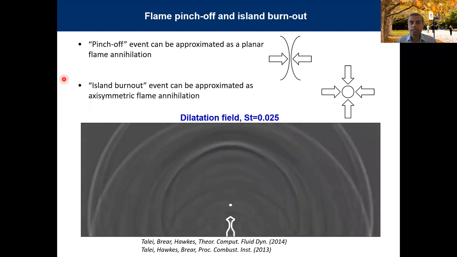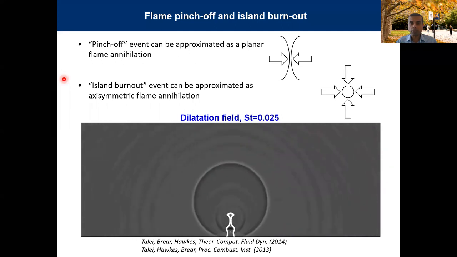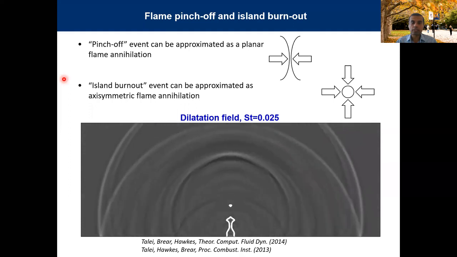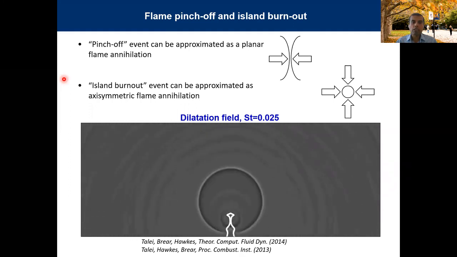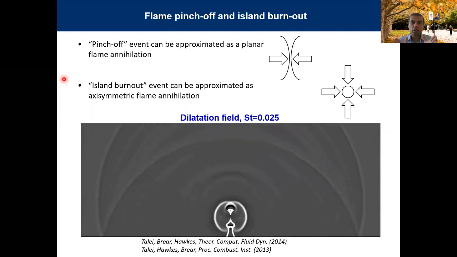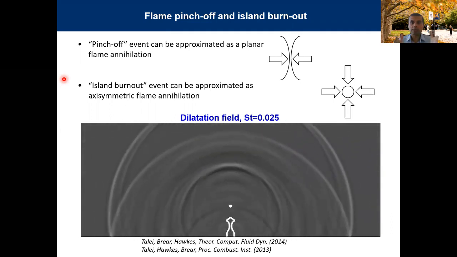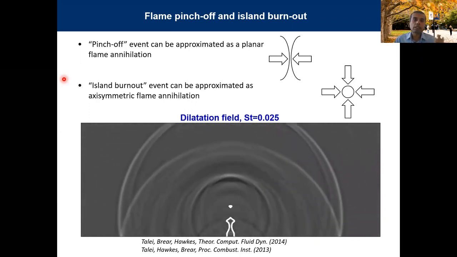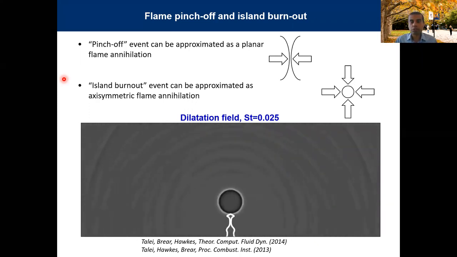So what we see here is the dilatation field of one of these flames at a certain frequency. And the dilatation field is commonly used by acousticians to look at the propagation of sound. It's not pressure fluctuation, it's the gradient of the velocity field. But in low Mach number flows, you can show that it is proportional to the time derivative of pressure.